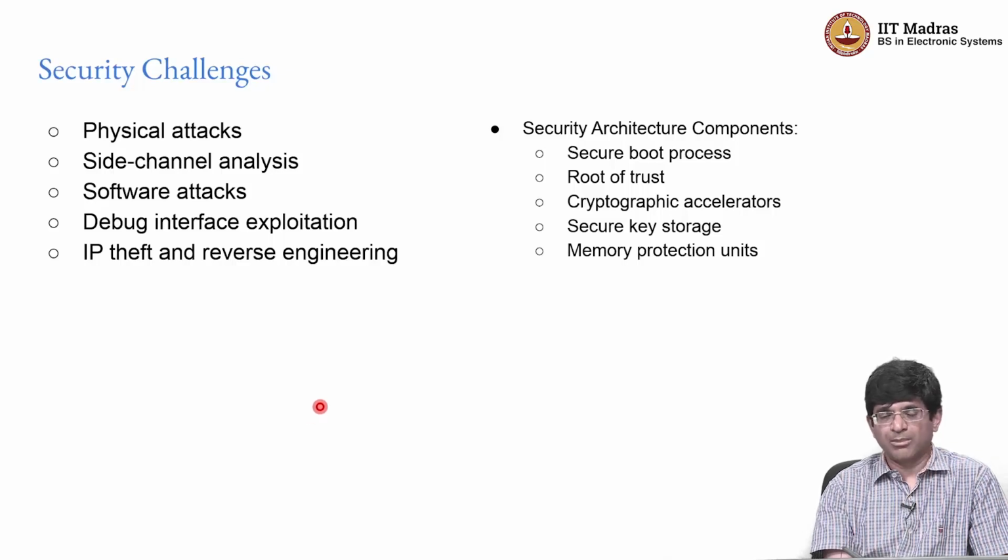Now, apart from power and verification and so on, there are also a number of security related challenges that come up in SoCs. Why is this an issue in the first place? It's because modern SoCs have a lot of functionality and are used for very important purposes, including things that involve financial as well as personally identifiable information security.